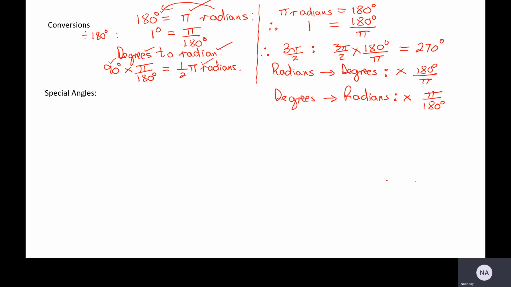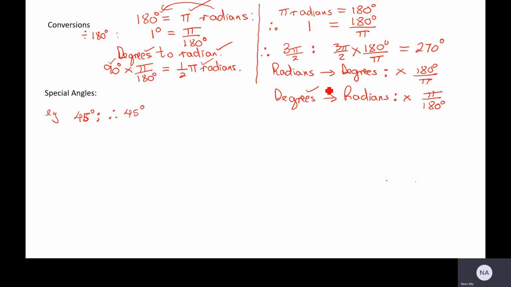So let's look at some special cases. Let's go from 45 degrees. That's in degrees, and I want to know how many radians.